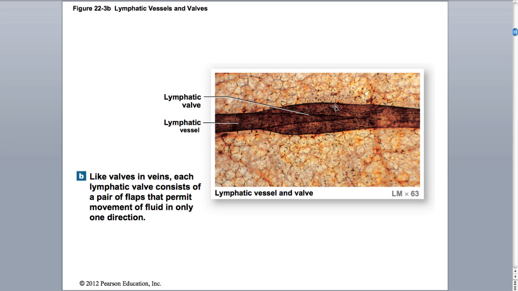Here's an enlarged view of the valve, making sure that fluids only go in one direction. And it says it right here, permits movement of fluid only in one direction. So it's a unidirectional way of making fluids move. Again, the goal is to get it back to the circulation.